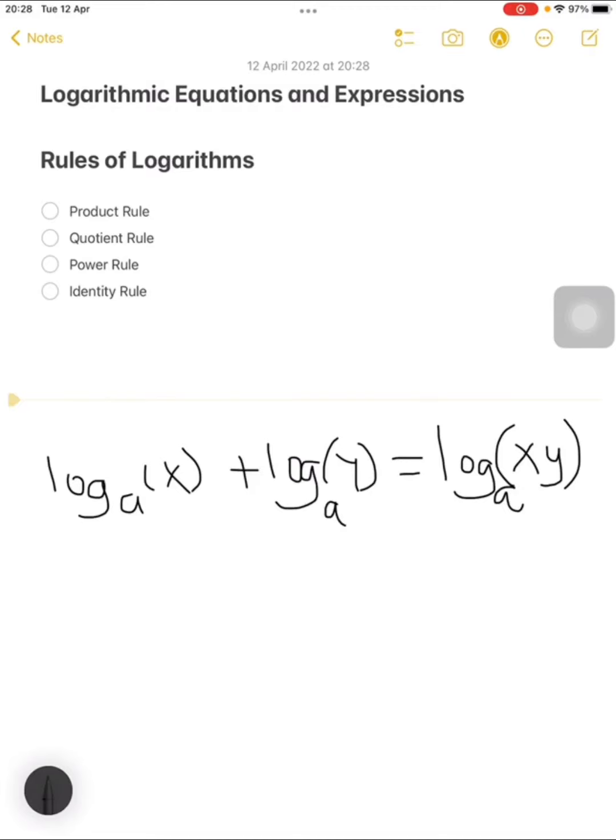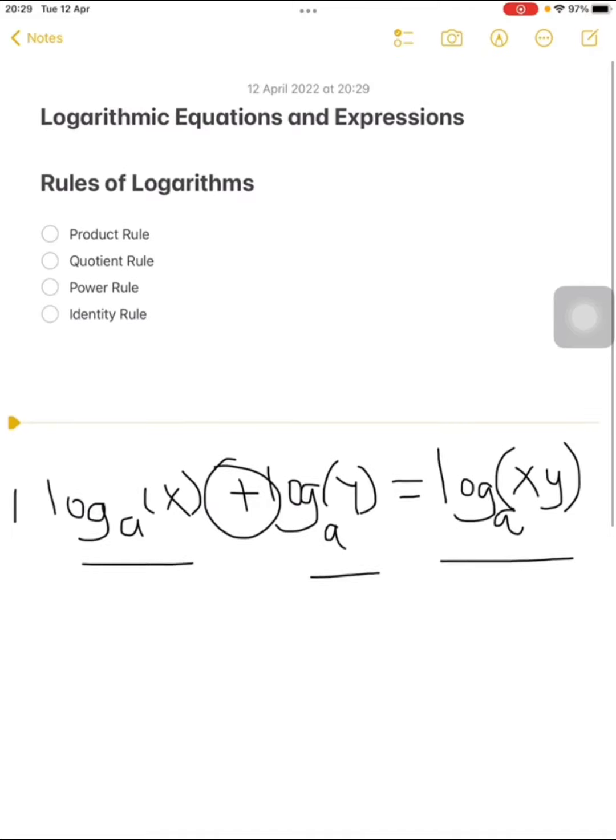So in the product rule, you can see we have an addition sign, but when you combine the two, it's like you're doing multiplication. You will have log of x multiplied by y, then base a. That is for number 1, the product rule.